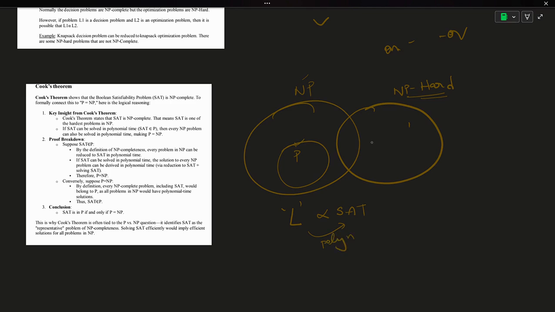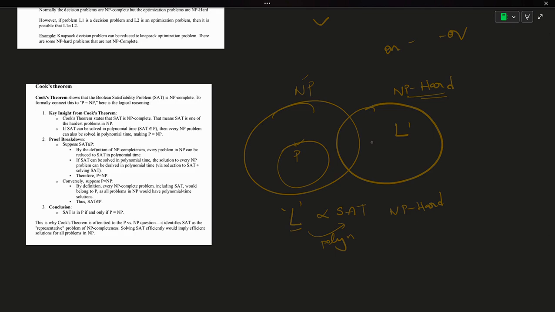It means that this particular L falls under the category of NP-hard because NP-hard follows transitivity. That is, if a particular problem L1 is reducible to L2, and if L1 is NP-hard, then L2 is also NP-hard. And if L2 is reducible to L3, and L2 is NP-hard, then L3 will also be NP-hard. This is the transitivity property of the NP-hard class.